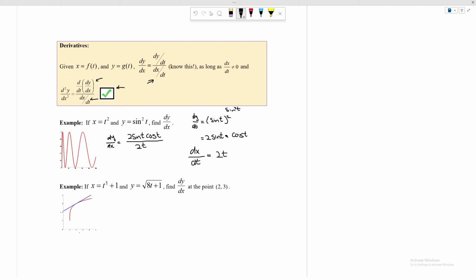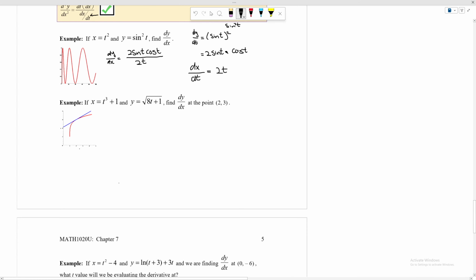And now if I can go to the next step here, what do we have? We have if x equals this and y equals this, find it at this point. This one actually gives us a point. So we could do it simple, just like we did before. I'll start here, dy over dt equals the derivative of the square root of 8t plus 1. I gotta derive it.